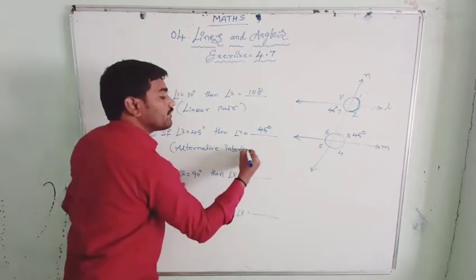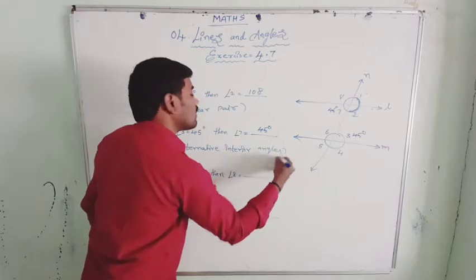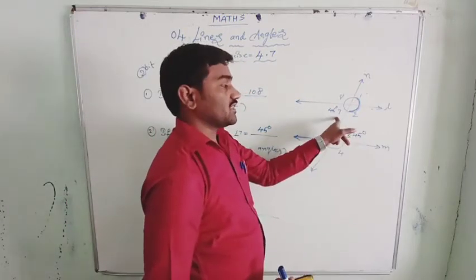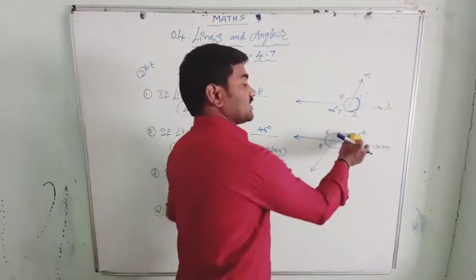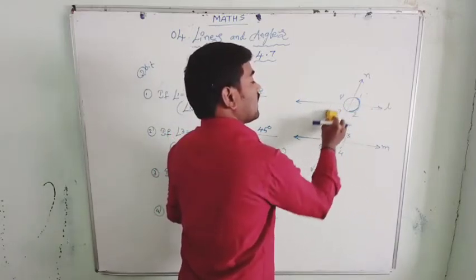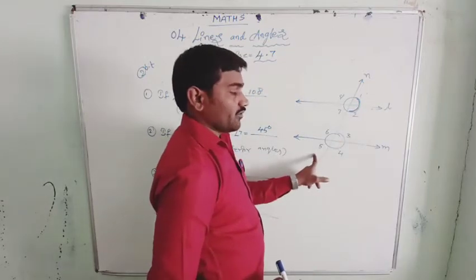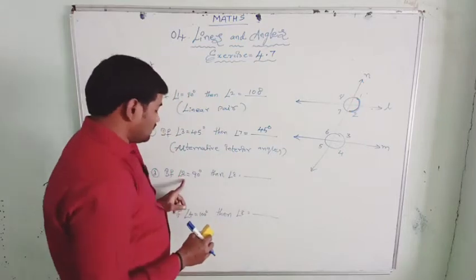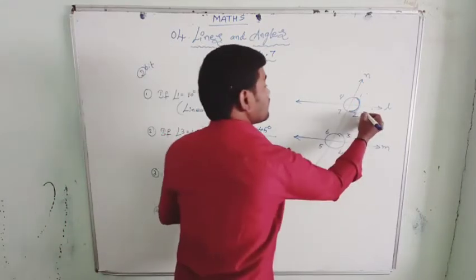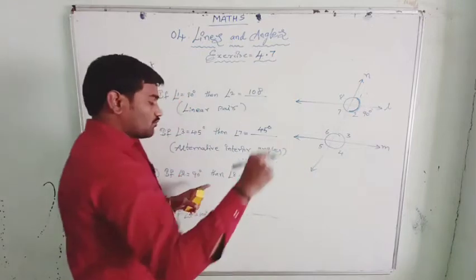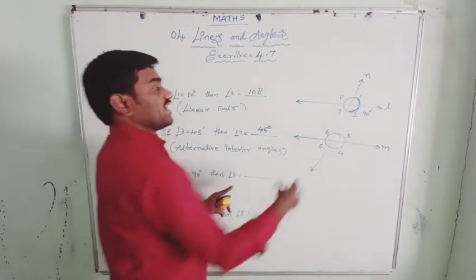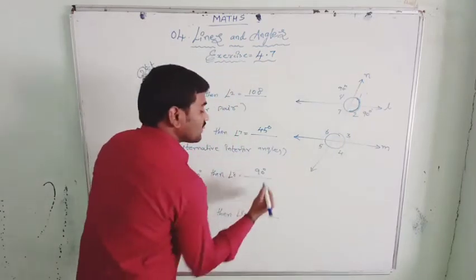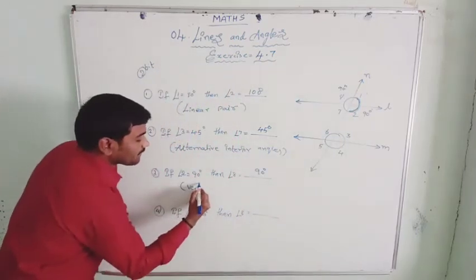By the condition of alternate interior angles, angle 3 equal to angle 7, angle 2 equal to angle 6. Alternate exterior angles, angle 1 equal to angle 5, angle 4 equal to angle 8, on both sides of the transversal. Then if angle 2 is 90 degrees, then angle 8 is also 90 degrees only. How? By using the vertically opposite angles condition.